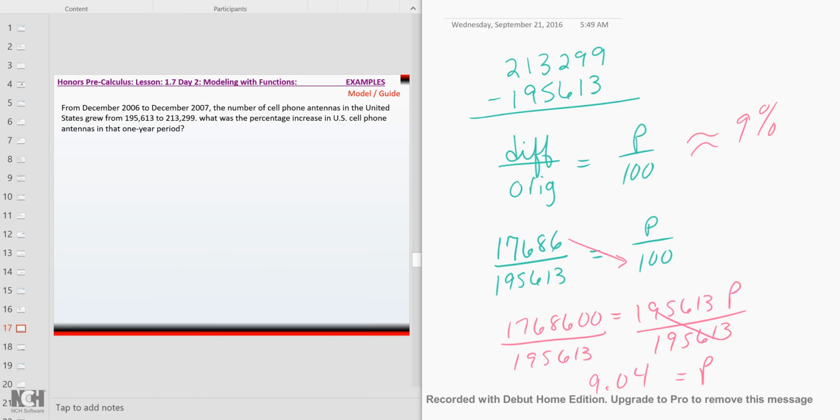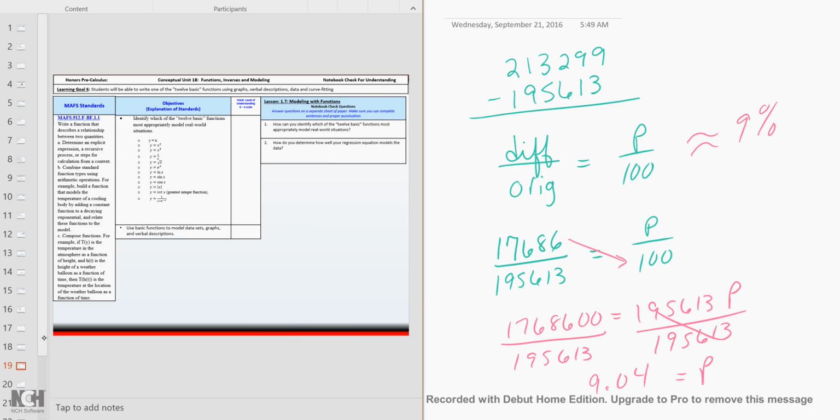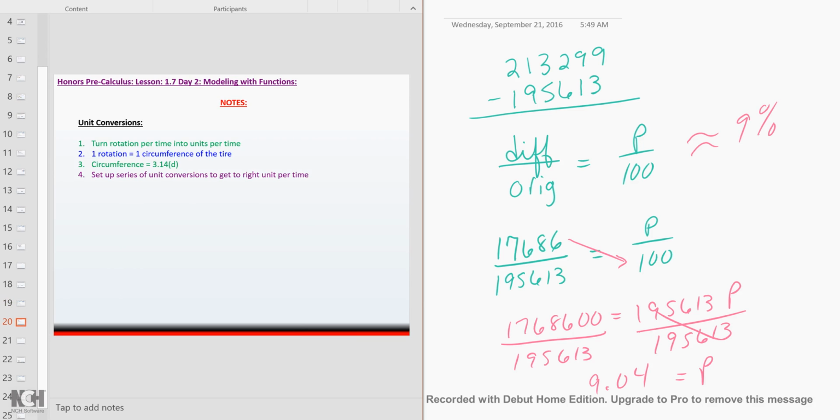Okay, it's percent increase. All right, so if you try this one and see if you get the 18.4. And what else we got?